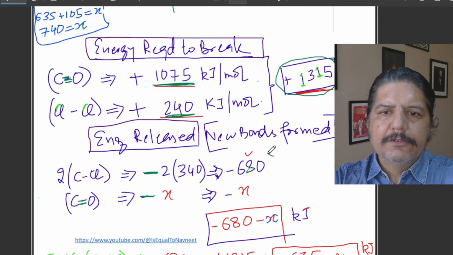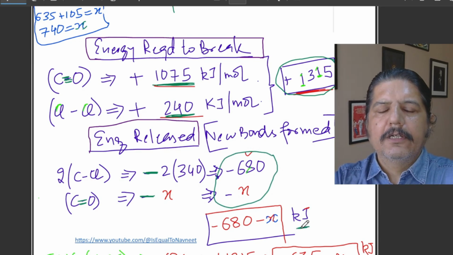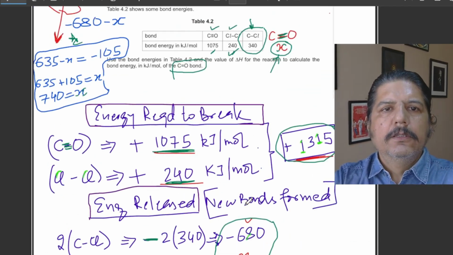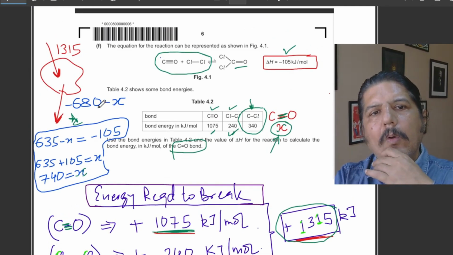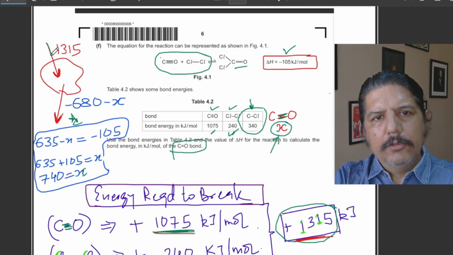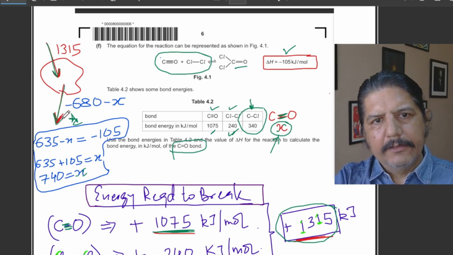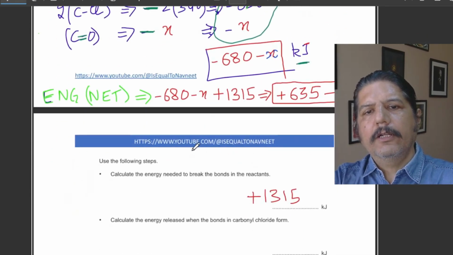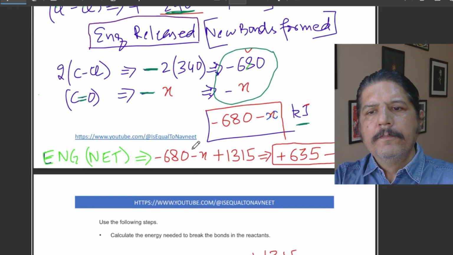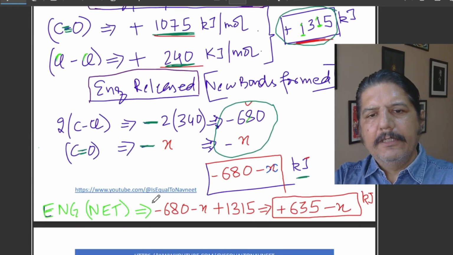So the total energy released is minus 680 minus X. Now, the energy given to the system was 1315, and the energy released is minus 680 minus X. So what is the net energy released?